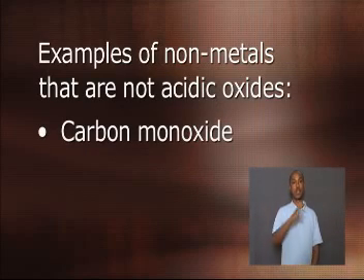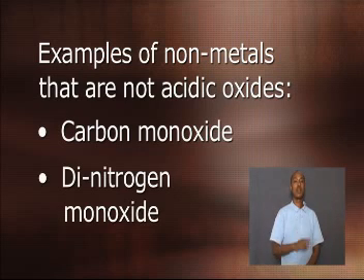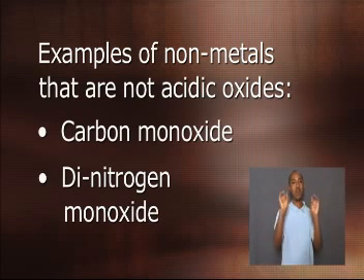Carbon monoxide and dinitrogen monoxide are both examples of non-metal oxides that are not acidic oxides. Rather, they are both neutral oxides. We will be discussing neutral oxides in a following lesson.